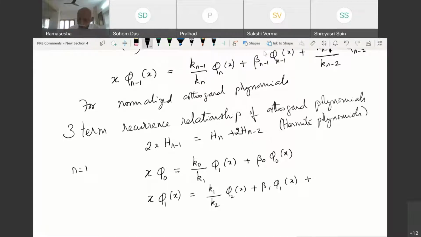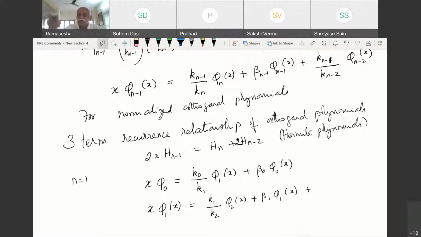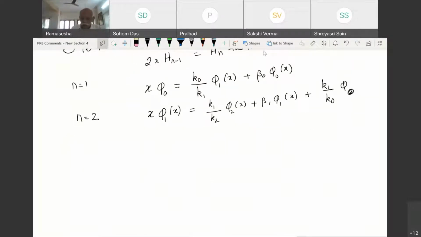So this one will be k1 upon k2, and the next one will be kn minus 1 upon kn minus 2. That is k1 upon k0, right? N is equal to 2. This will be k1 upon k0 p0. Okay. And so on and so forth. Right?